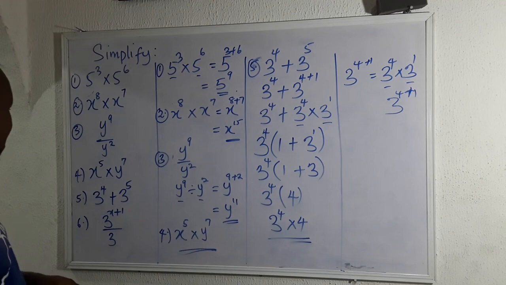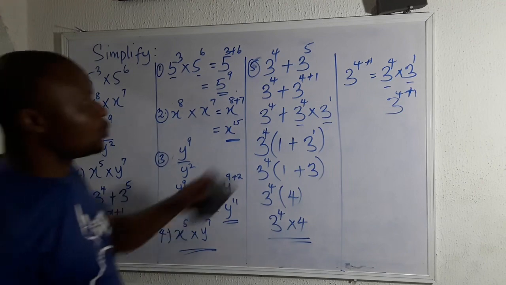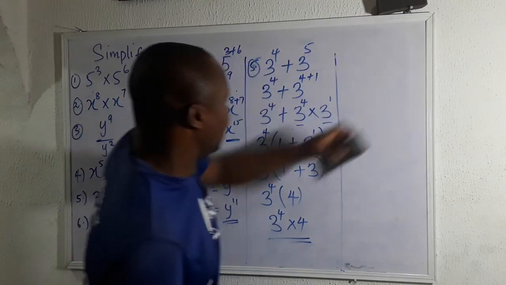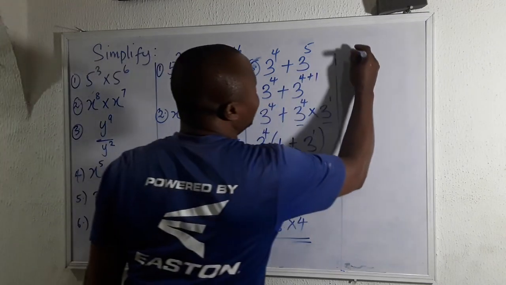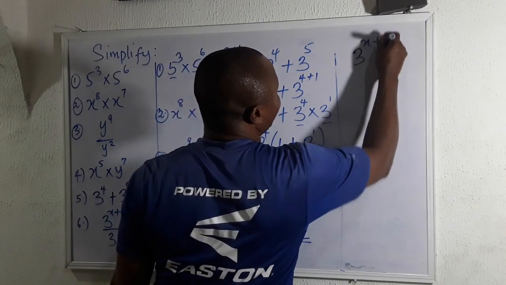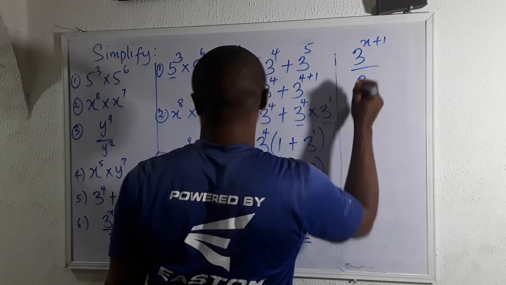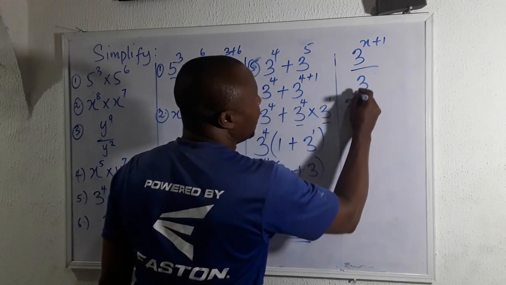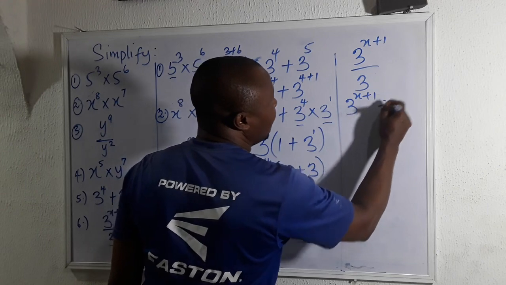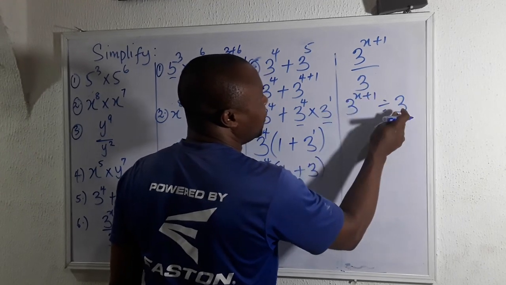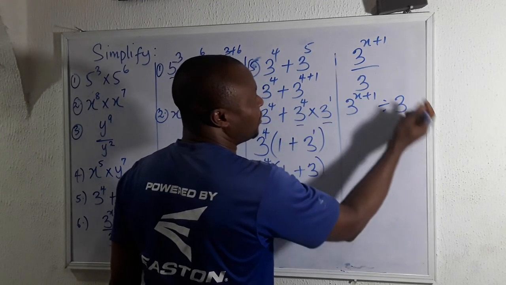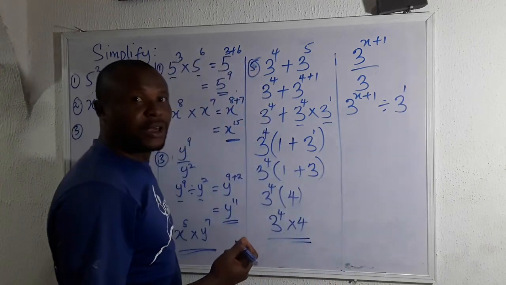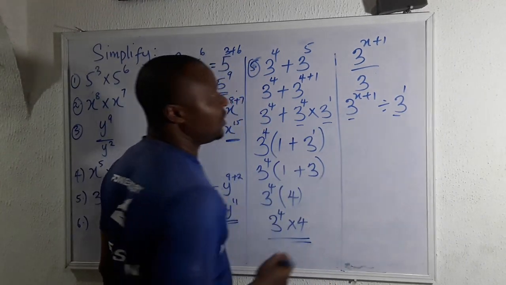Then the very last one is 3 raised to power x plus 1 divided by 3. Now we can re-express this as 3 raised to power x plus 1 divided by 3 raised to power 1. In this case the bases are again the same.